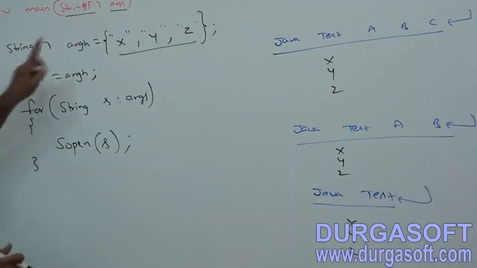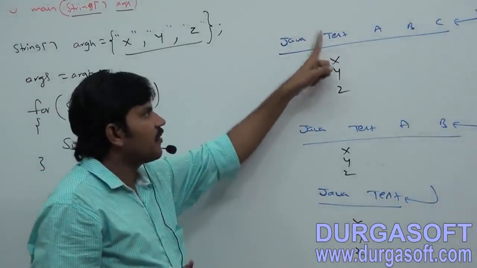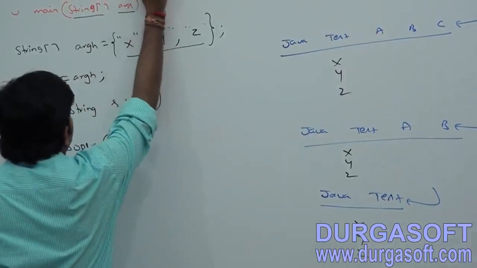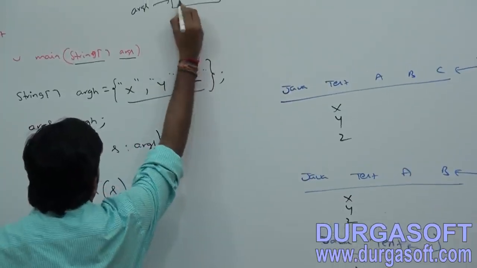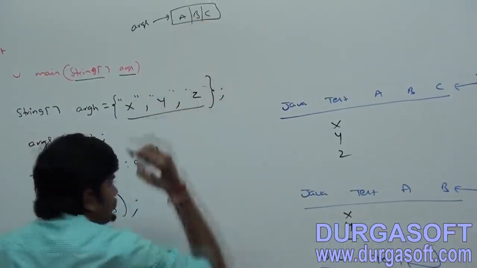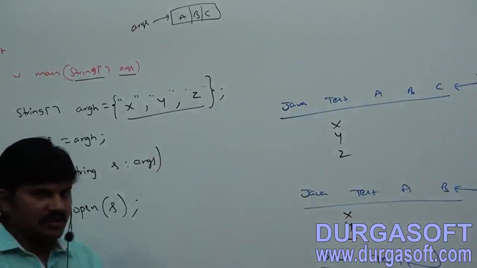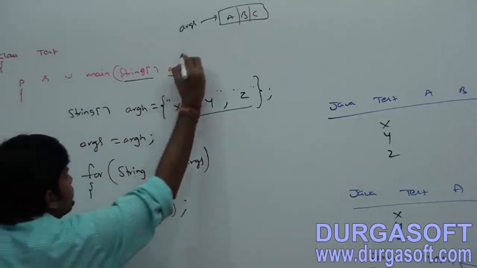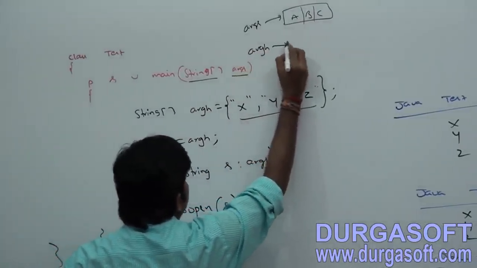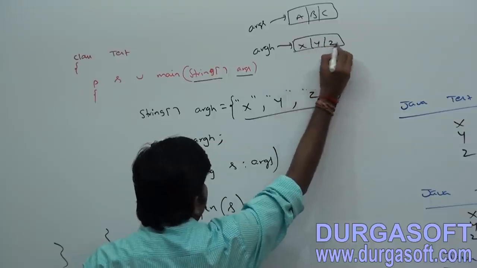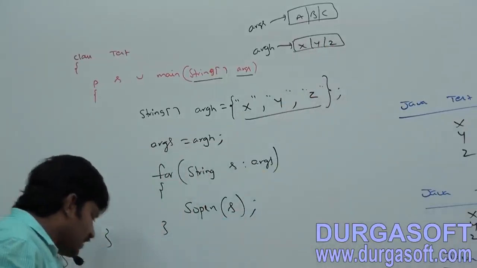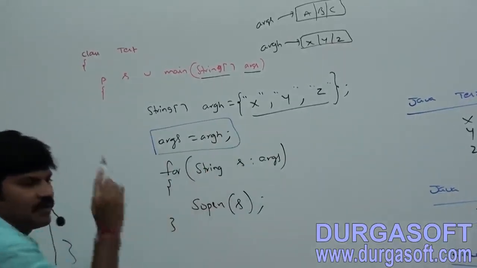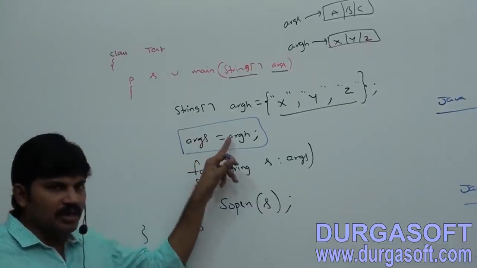Simple, here see. Let me consider the first case, java test ABC. args is pointing to ABC, right? Now argh is equal to xyz. Now this line plays a very important role: args is equal to argh.